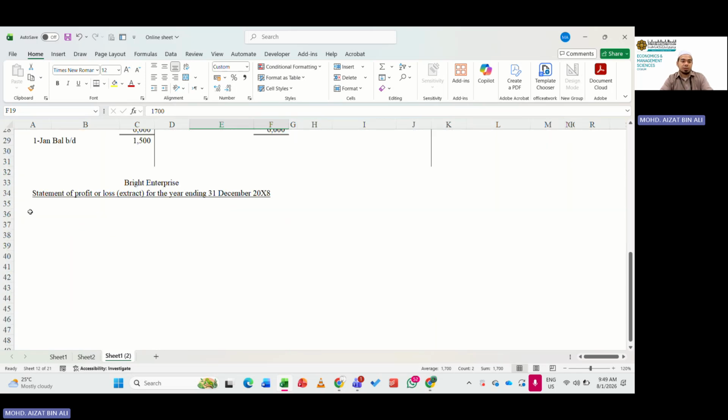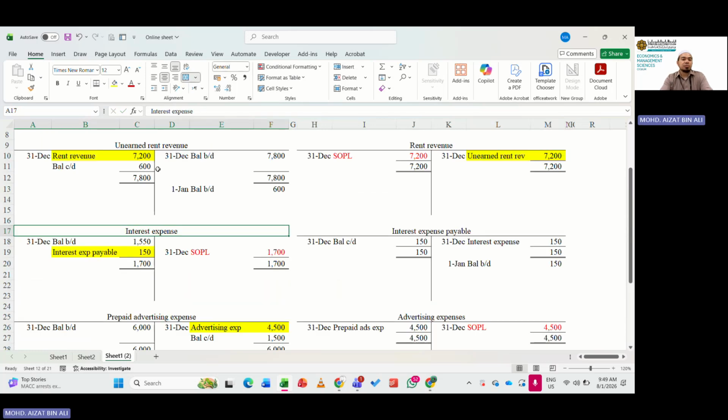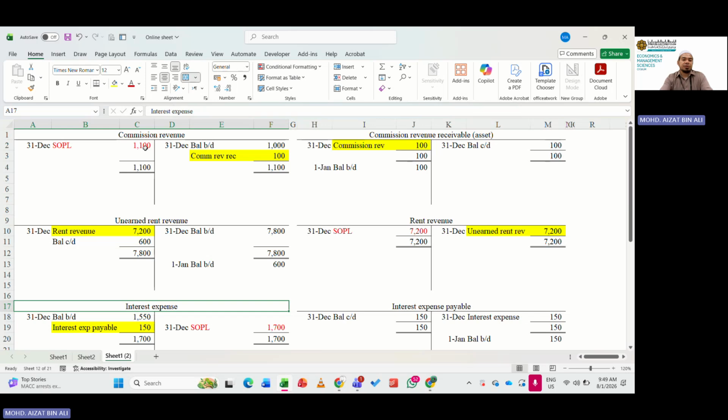So let's record this properly. We don't have to total them because this is just an extract. Other revenue. In other revenue, we have commission revenue amounting to 1,100 ringgit.